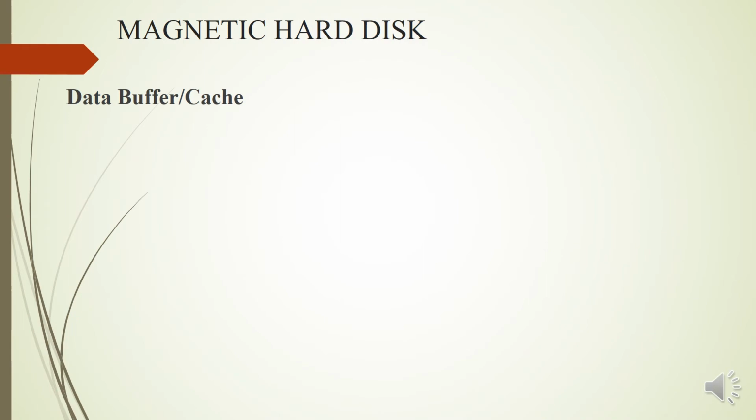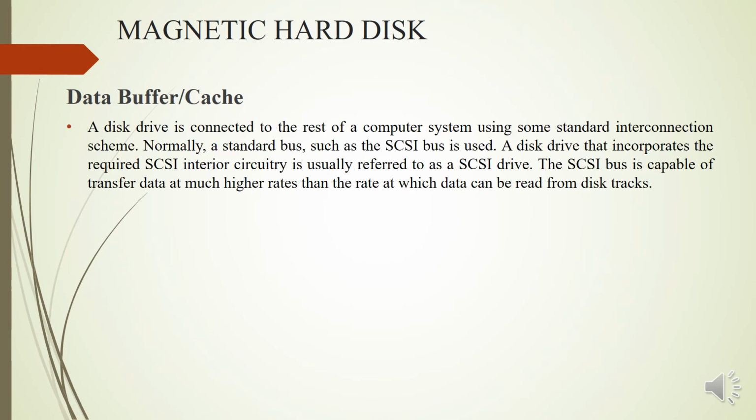Now we'll discuss another topic related to the magnetic hard disk: data buffer or cache. A disk drive is connected to the rest of the computer system using some standard interconnection scheme. Normally, a standard bus such as SCSI bus is used.